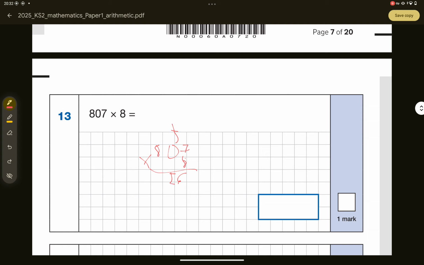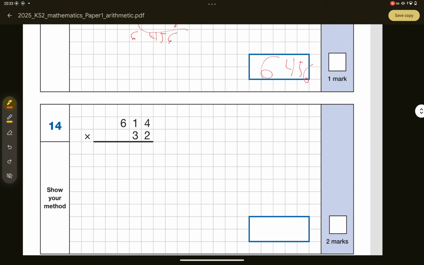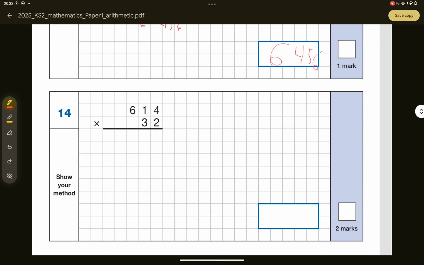And then 8 times 8 equals 64. So this one would be 6,456. Also, I do not know the answers to this, so I'm just trying to do it alongside you. If there are any mistakes, leave it in the comments.